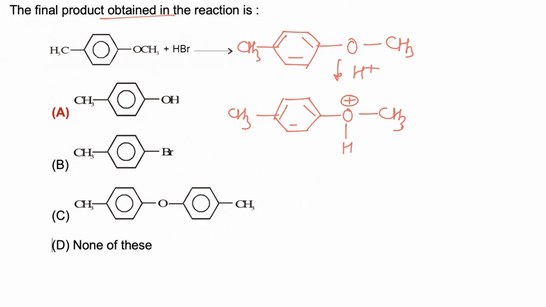If out of these two radicals any radical forms a stable carbocation, then an SN1 reaction takes place. In all other cases, the reaction takes place via SN2 mechanism. Since in this case neither of the radicals can form a more stable carbocation, the reaction takes place via SN2 mechanism.